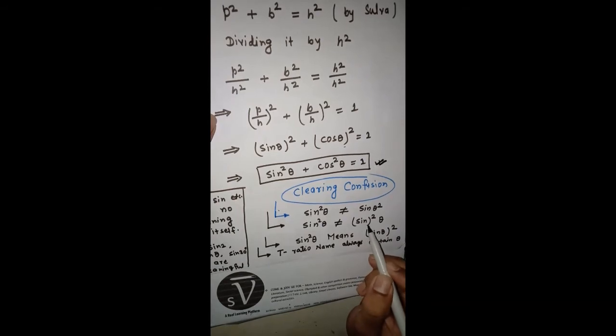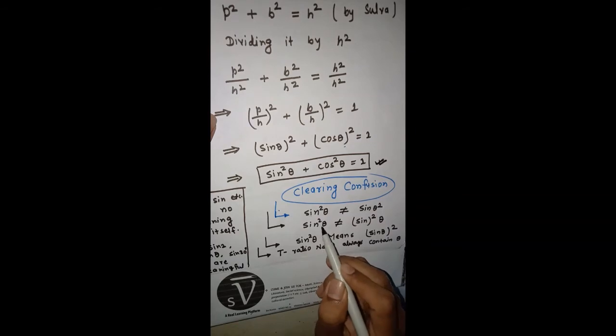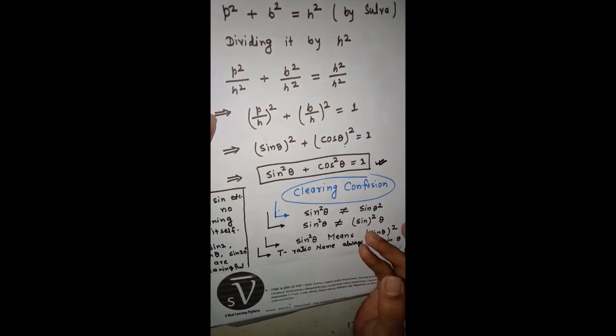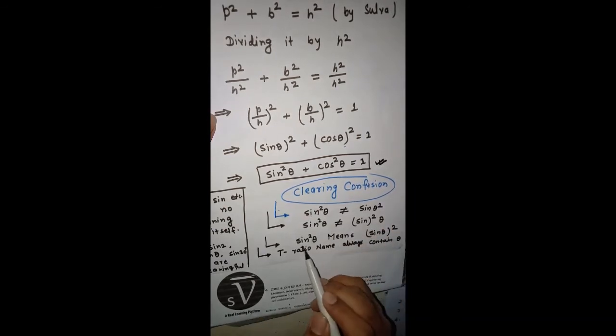Because sin is a symbol, sin is a name, according to the perspective of theta. That's why a name cannot be squared. So sin square theta simply means sin theta whole square, not sin whole square theta. Are you getting my point? Sin square theta actually means sin theta whole square.